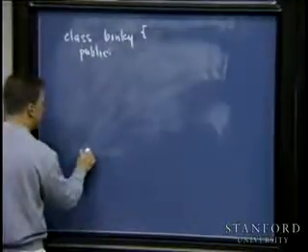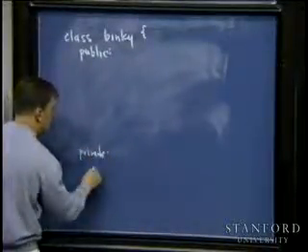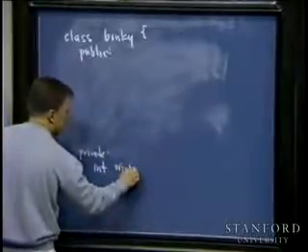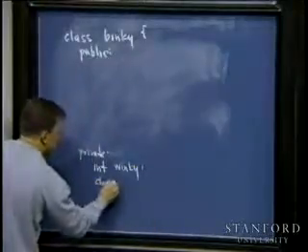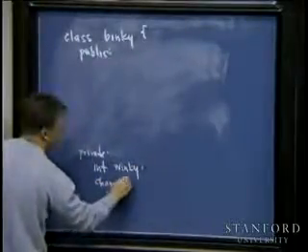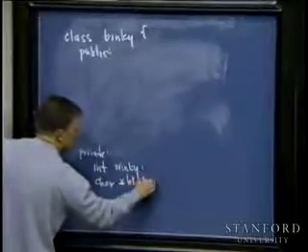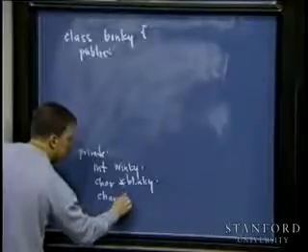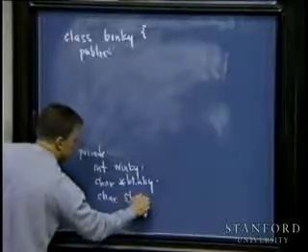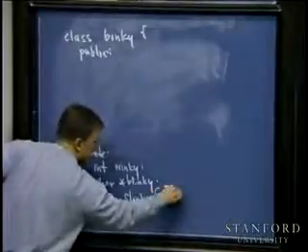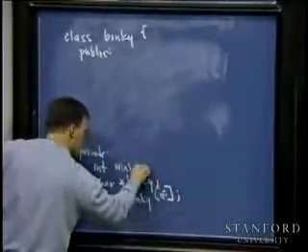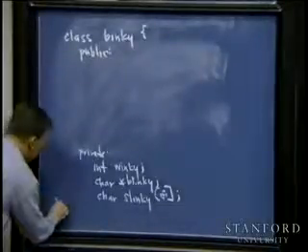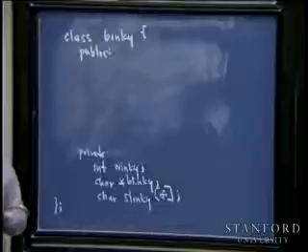And then privately, let's say that I have an int called Winky, a char star called Blinky, and let's say I have a wedged character array of size 8 called Slinky. And that is it. Those are the only data fields I push inside.